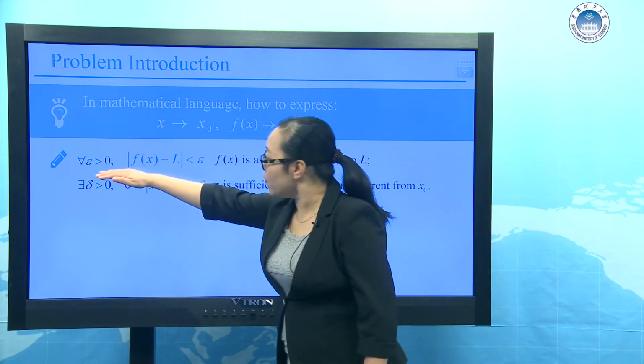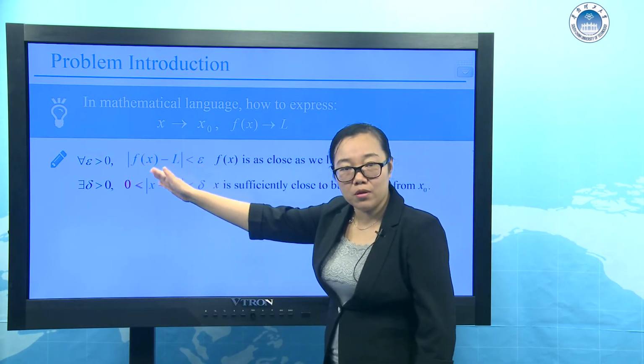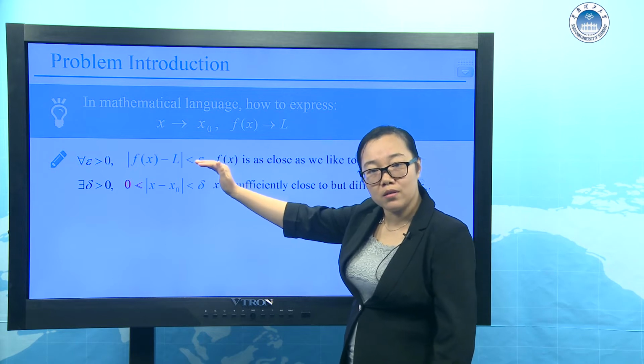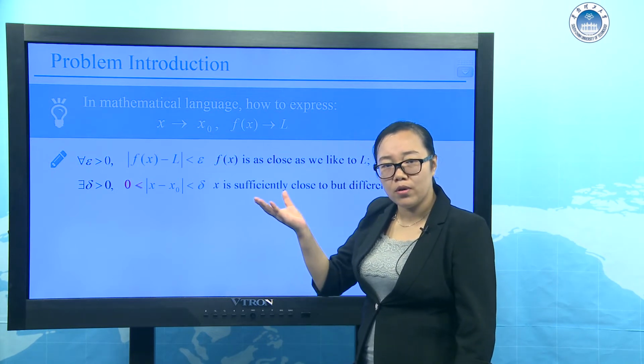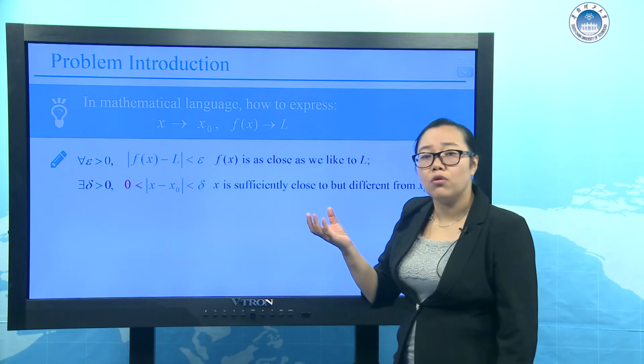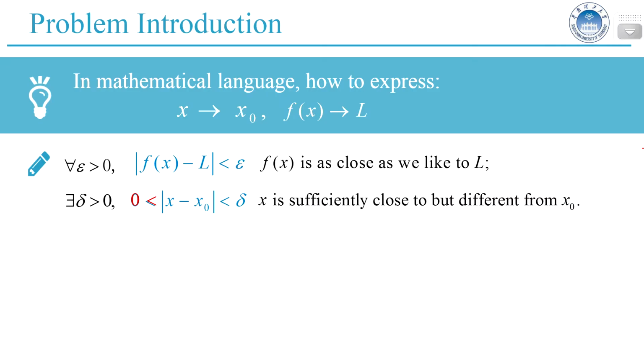For any epsilon greater than 0, the absolute value of f(x) minus L is less than epsilon. This means for every epsilon, usually small, f(x) is as close as we like to L, meaning the values of the function f(x) and L are close. There exists delta greater than 0.